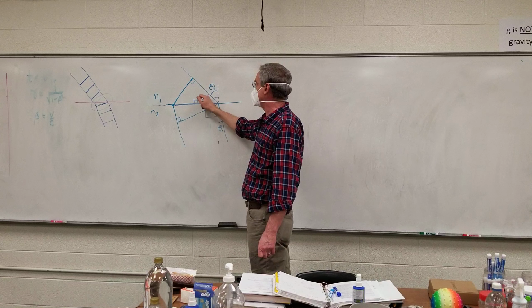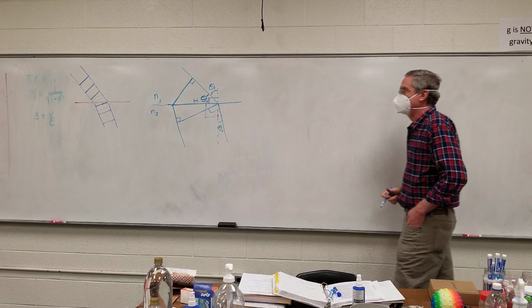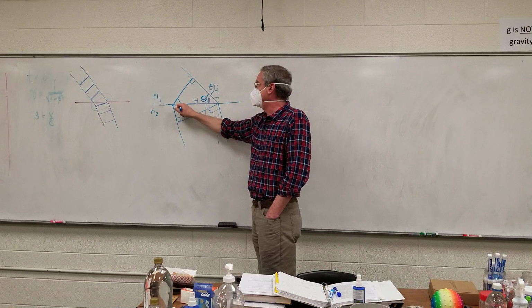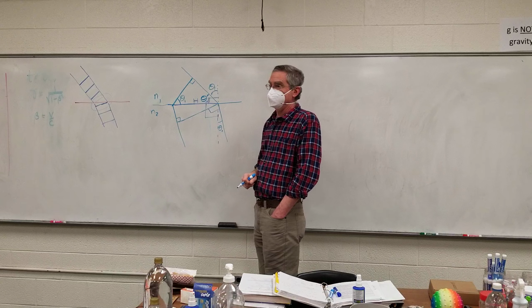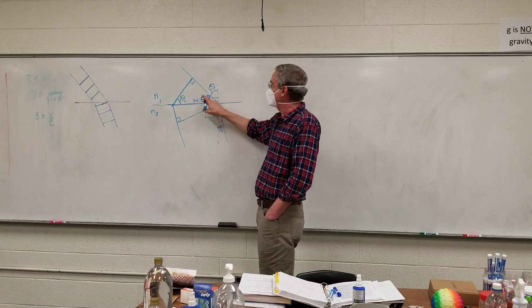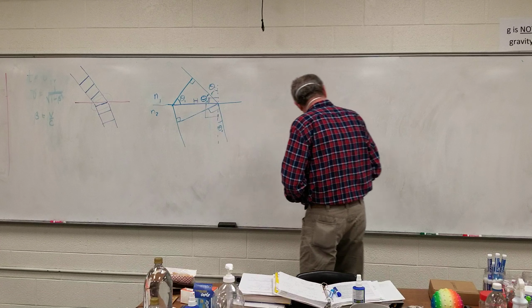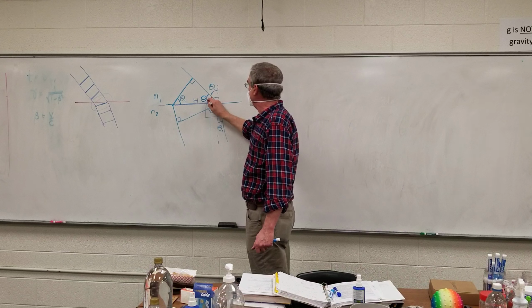So just generic theta 1 prime. And therefore this angle here must be theta 1, because these two have to add up to 90 degrees, and these two have to add up to 90 degrees. That is theta 1 prime.